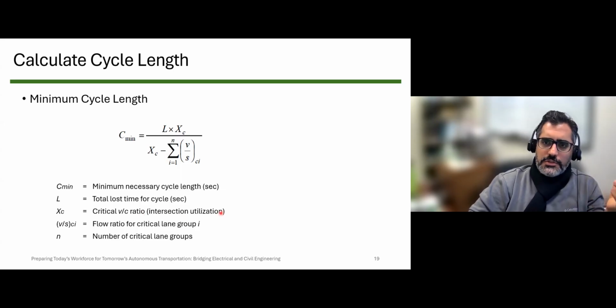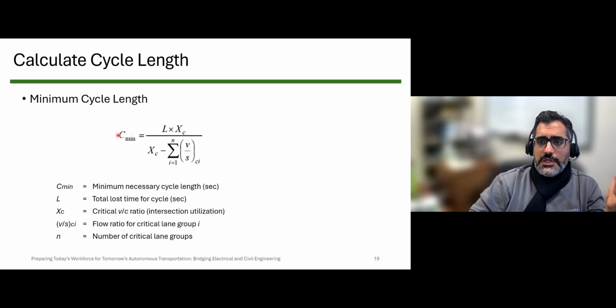Depending on different conditions, it might go somewhere between 80% to 100%. And then we have the sum of flow ratios that comes from the previous step, finding the critical V over S ratios and adding them together, and N is the number of critical lane groups, mainly whatever number of phases that you had.